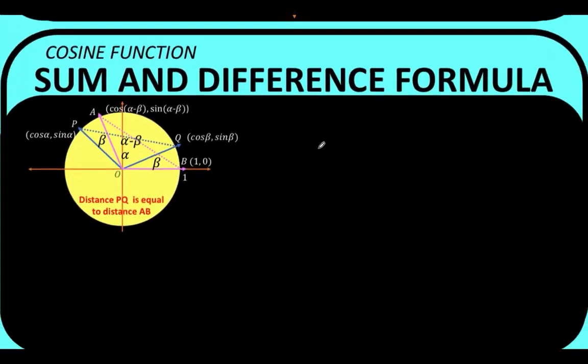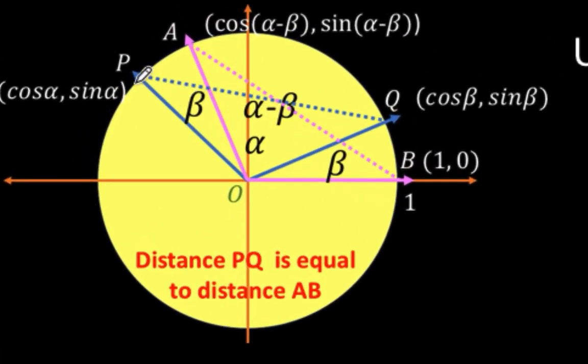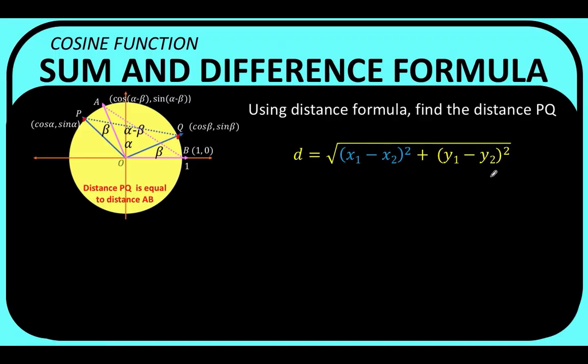Let's do that. Using the distance formula, let's first find the distance PQ. So we want the distance from point P, which is this point, up to point Q, which is this point. In order to do that, let's recall the distance formula. The distance D is equal to the square root of the square of the difference between x sub 1 and x sub 2 plus the square of the difference between y sub 1 and y sub 2.